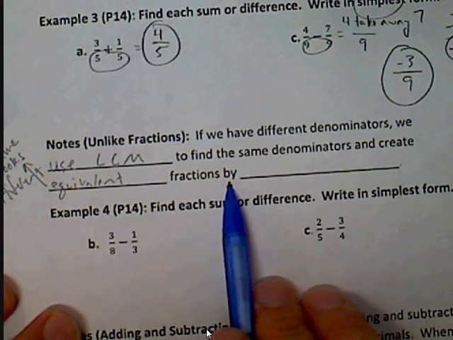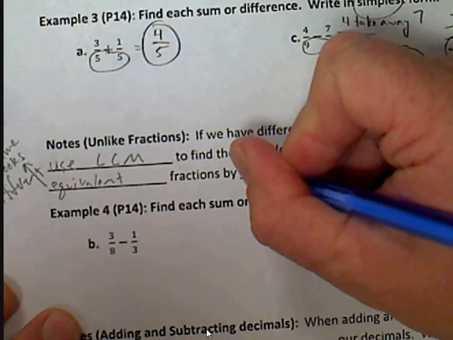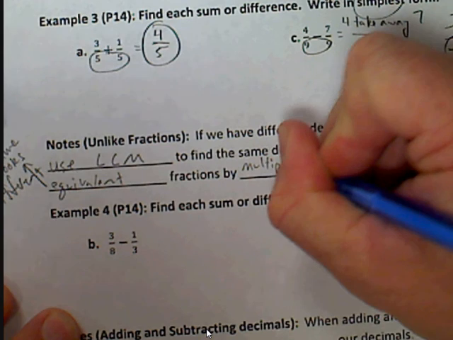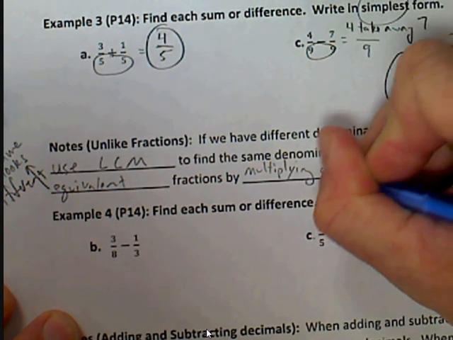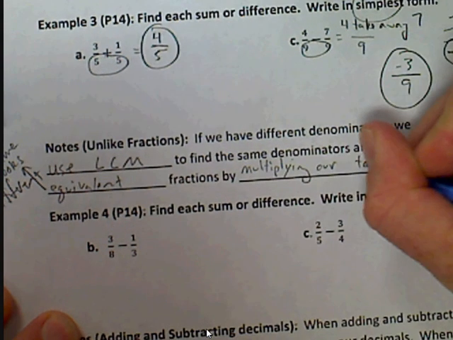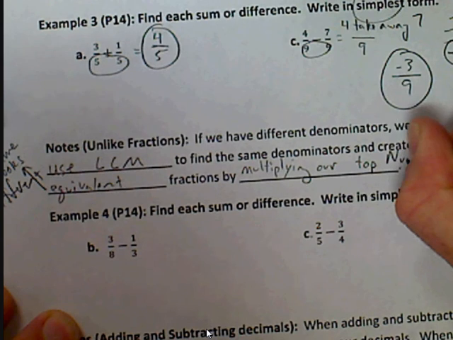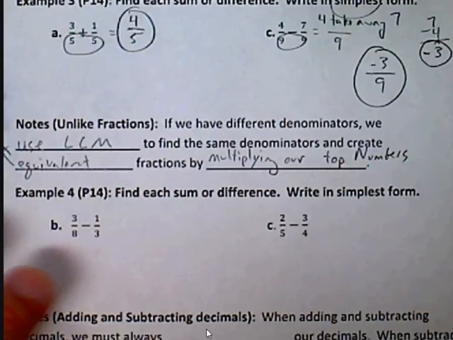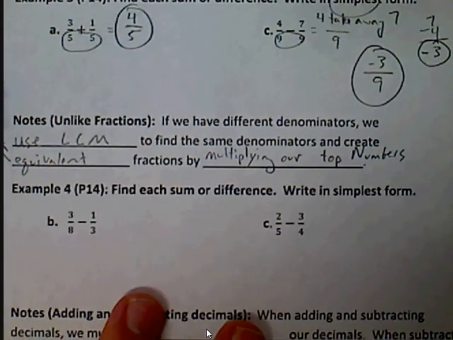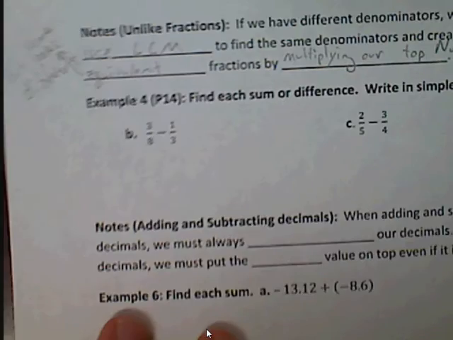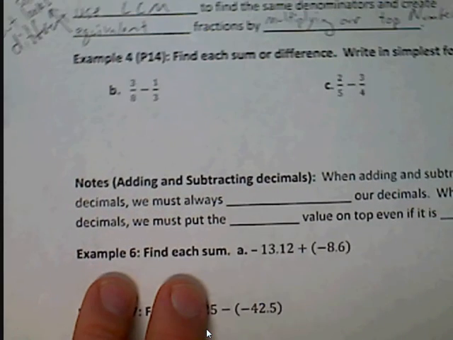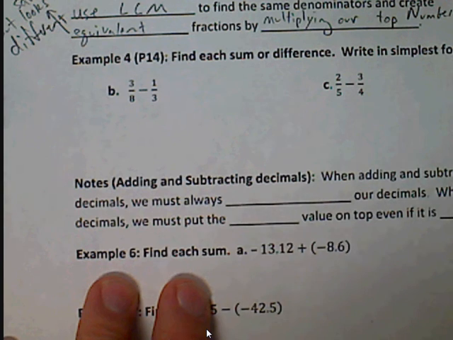And how are we going to do this? By multiplying our top numbers, which is our numerators, by multiplying our top numbers. So we are on example 4, which is the same in your book on P14.